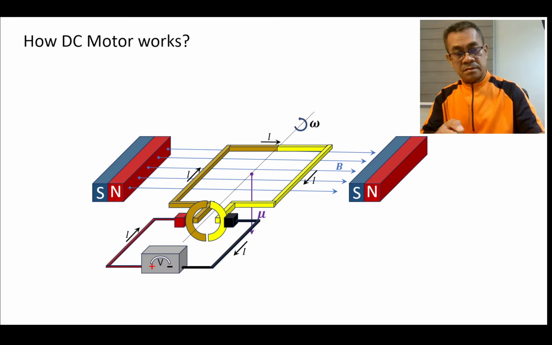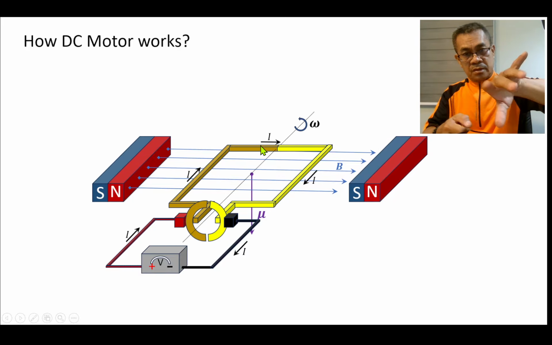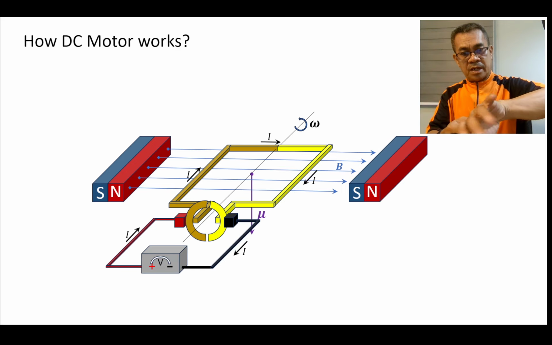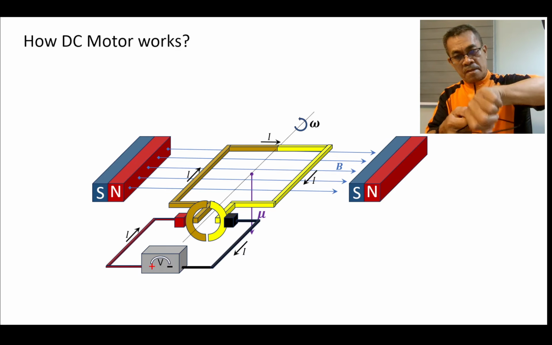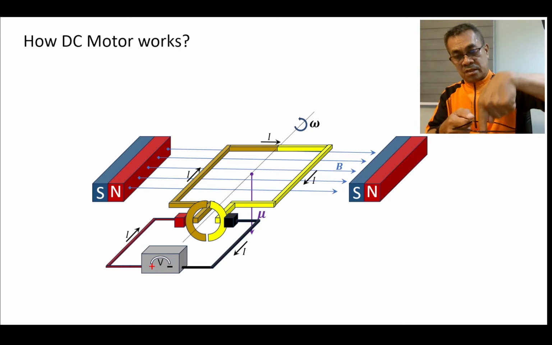If you let your fingers curl in the direction of current, then stretch your thumb, the dipole moment is downward. It is directed downward because this loop is in a horizontal plane, so the dipole moment should be perpendicular to it, and that is downward.